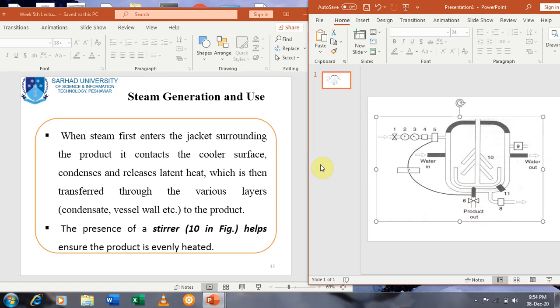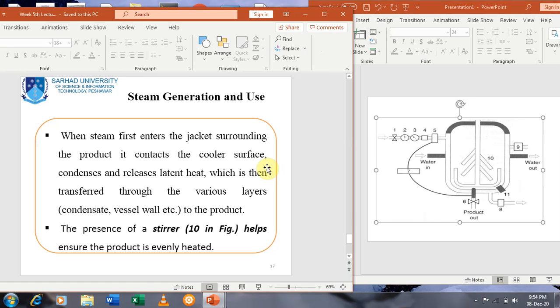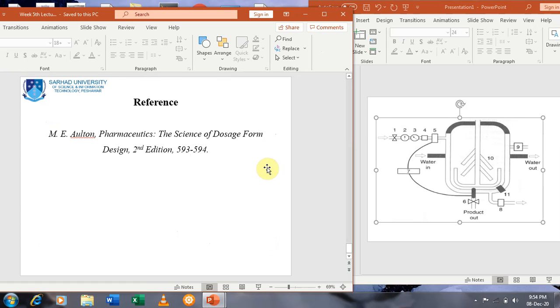These are some of the prominent parts of the steam jacketed assembly that is used for the manufacturing of creams and ointments or any other liquid preparations.